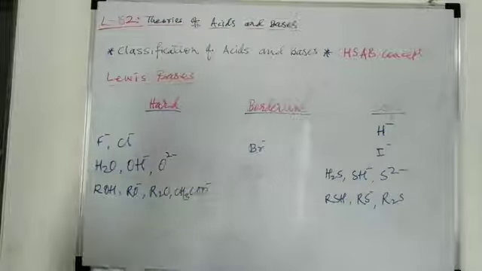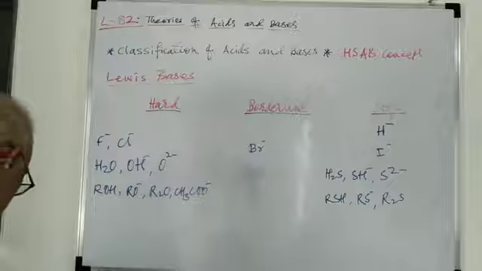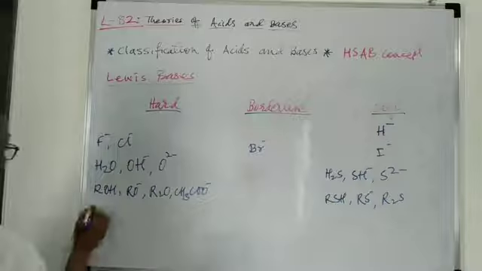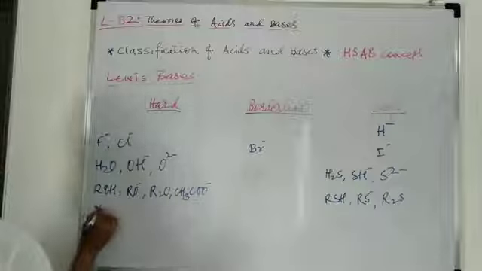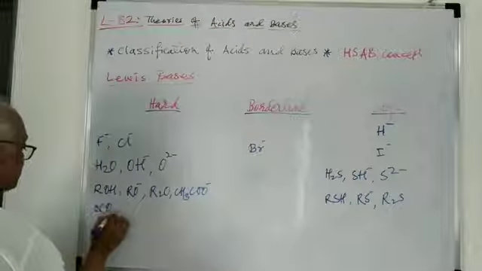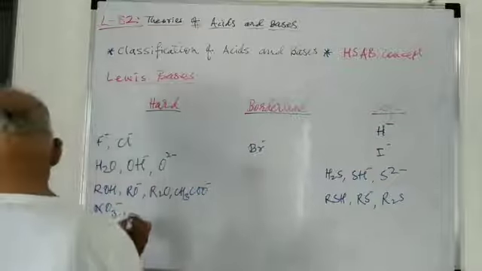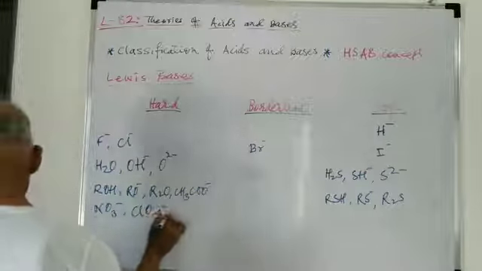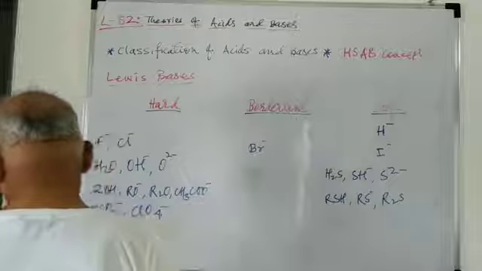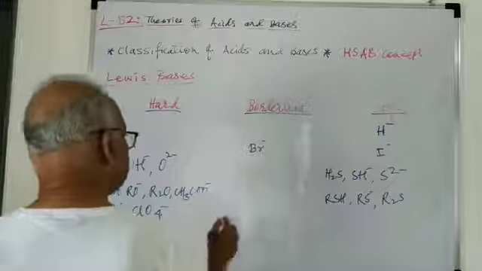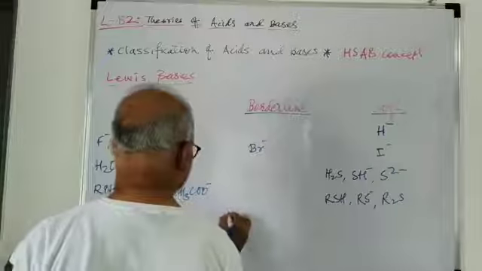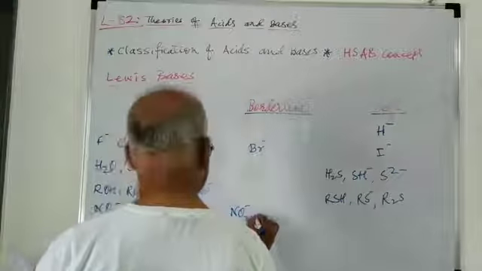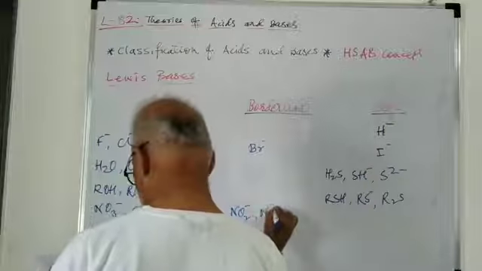Now next are the species containing nitrogen specifically, that is NO3 minus, then ClO4 minus. These are hard species, and in the borderline category we have NO2 minus and N3 minus.